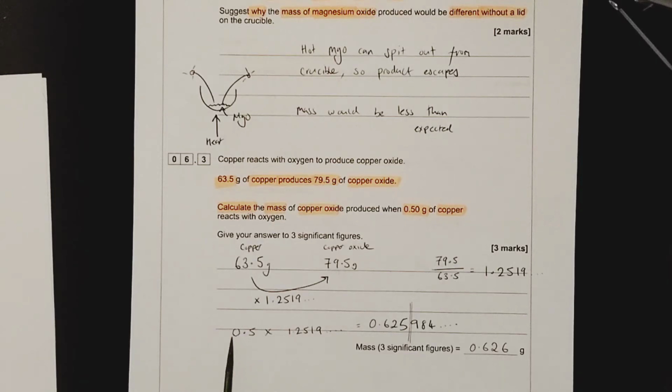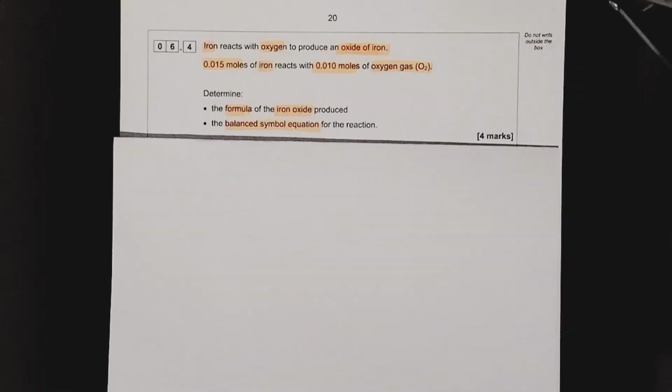So if we multiply 0.5 grams, our new amount of copper, by that same ratio, that same factor, we can find out the expected amount of copper oxide it should be able to produce, which in this case is 0.62598 etc. And we want the answer to three significant figures, so we cut it at three significant figures. The next number being 9, we're going to have to round up the previous digit by 1, so that means we leave our answer as 0.626 grams. It's basically applying the same ratio to the new scenario.